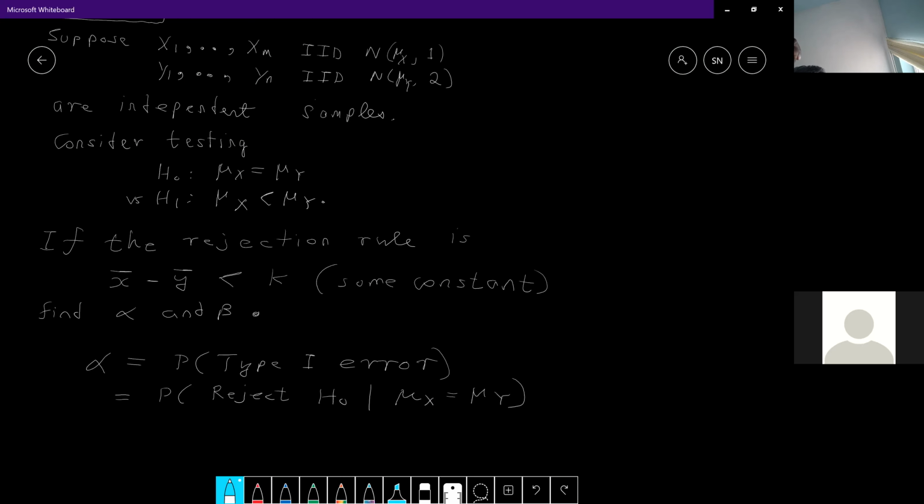Which is the same as saying the probability of x bar minus y bar is less than k, given that mu(x) is equal to mu(y).